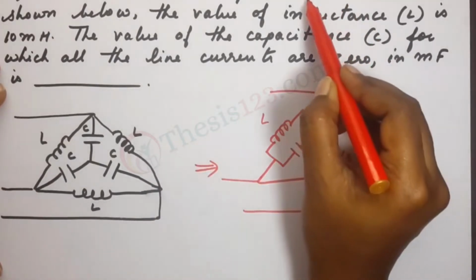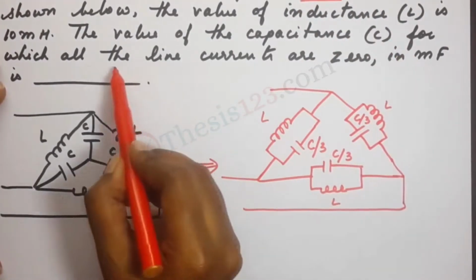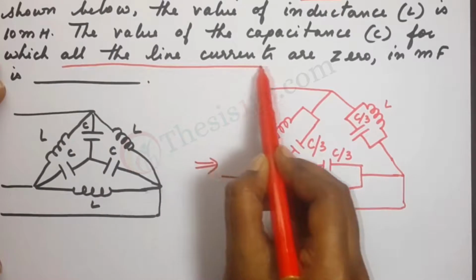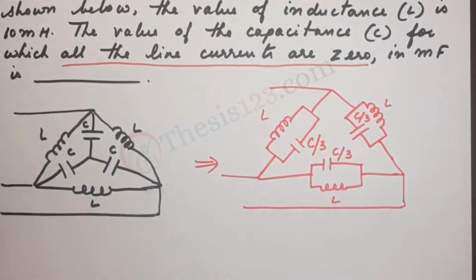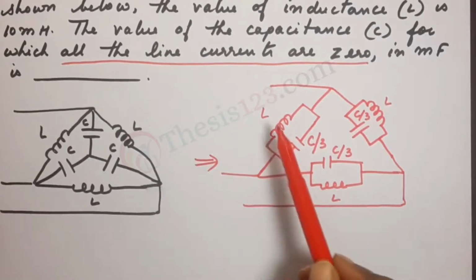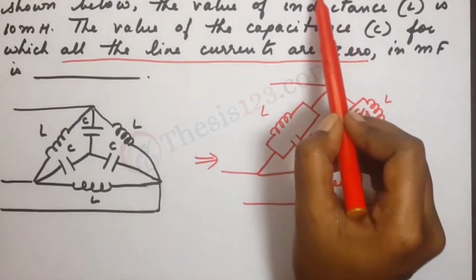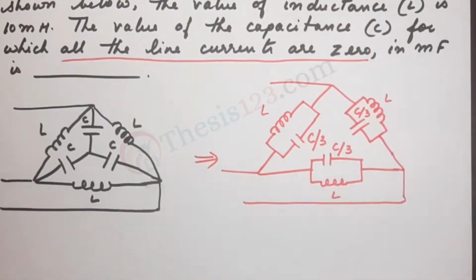Now we have that the frequency is 50 Hz and the question also tells us that all the line currents are supposed to be 0. So that's our clue. For the line currents to be 0, that is only possible when the inductor and capacitor pair is resonant at this frequency given, 50 Hz.